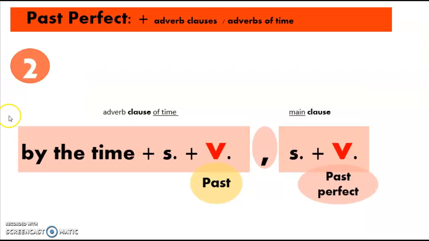We said that we can use it with the adverb of time, by the time. The verb in the adverb clause of time should be in the simple past. The verb in the main clause would be in the past perfect because this verb shows that it's the oldest one among these two verbs.